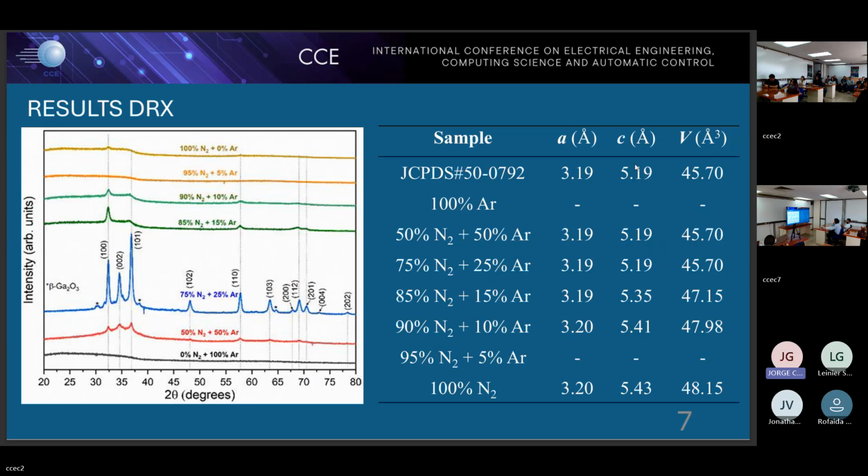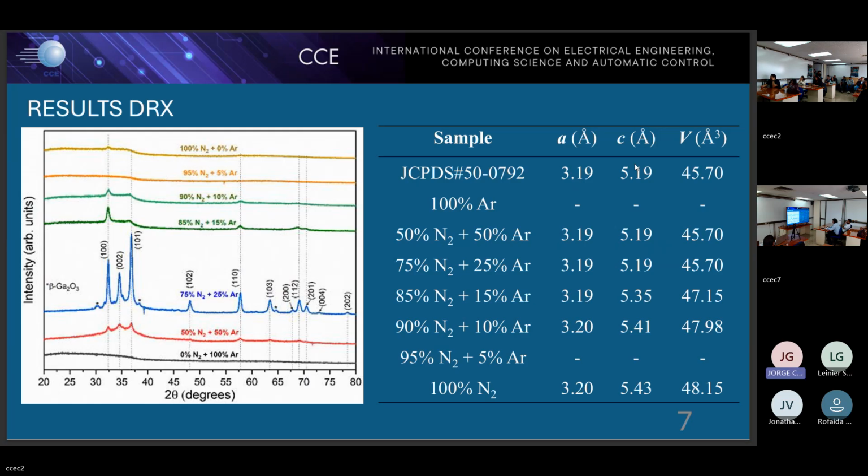In the table, we can see the results compared with the reference. In this case, 50 and 75%. The cell parameters were exactly 3.90 for the a axis and 5.90 for the c axis in the hexagonal cell.